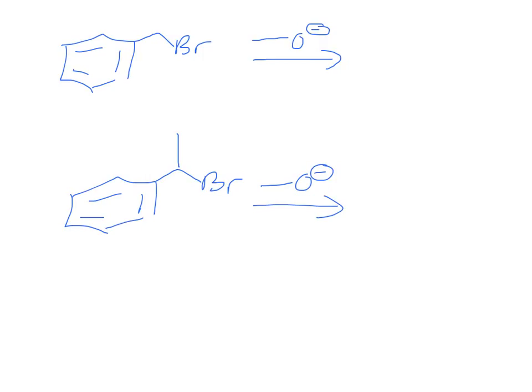See if you guys can tell me the possible products for these. So for the first one, what do we do? What do we got here? What kind of alkyl halide do we have? Primary benzylic, right? So that could be anything, right? That doesn't narrow down SN1, SN2, E1, E2, nothing at all. We look at the nucleophile then. What kind of nucleophile do we have? Reactive or less reactive? Reactive, so that narrows it down to SN2 and E2.